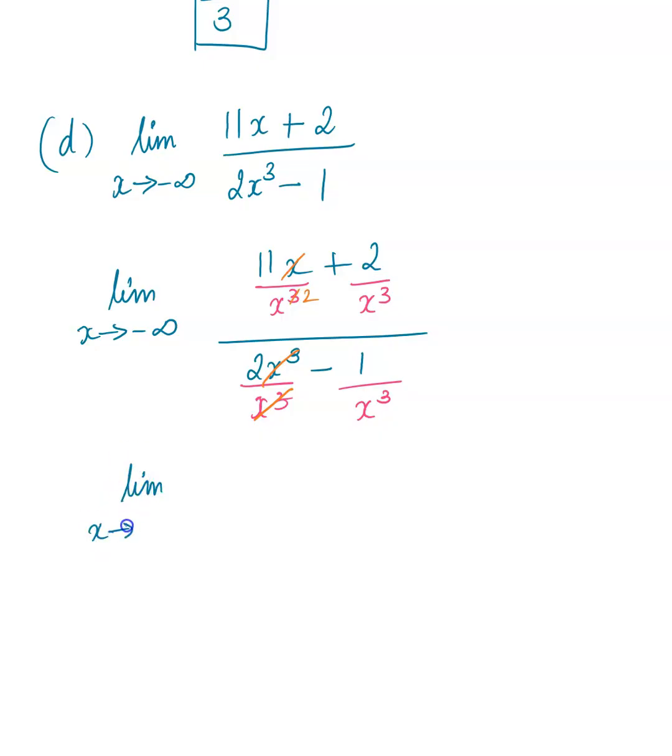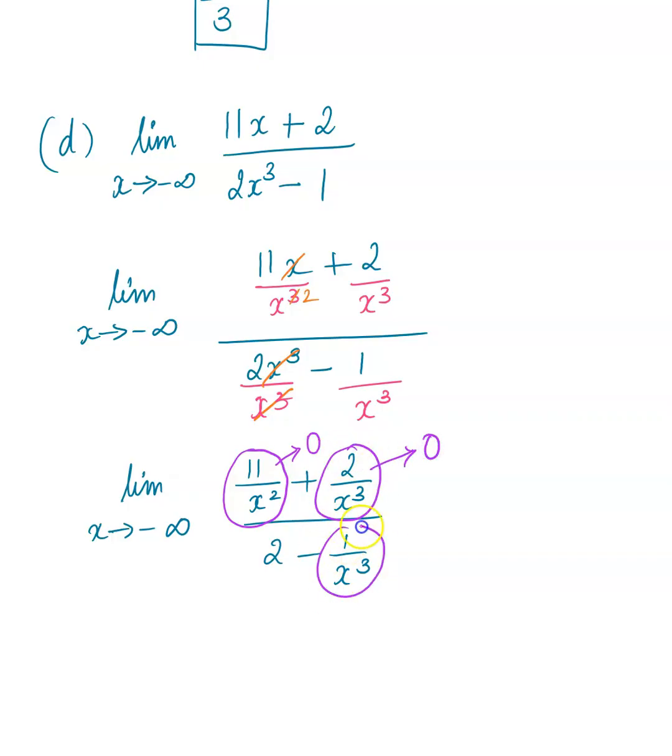So the limit as x approaches negative infinity is 11 over x squared plus 2 over x cubed, over 2 minus 1 over x cubed. When you apply negative infinity, we just saw previously that it doesn't matter if it is positive or negative infinity, because this whole thing will become 0, and 0 doesn't take a positive or negative value.